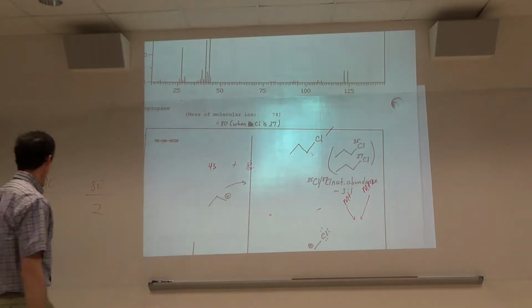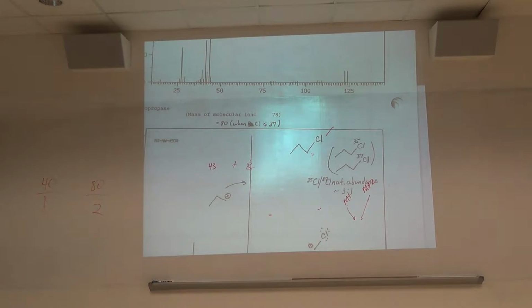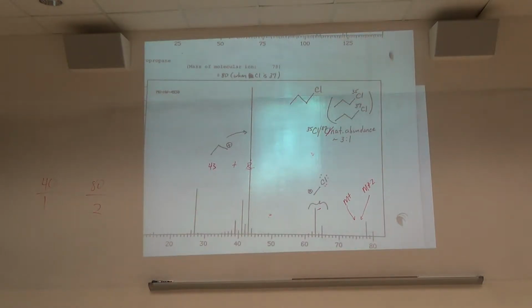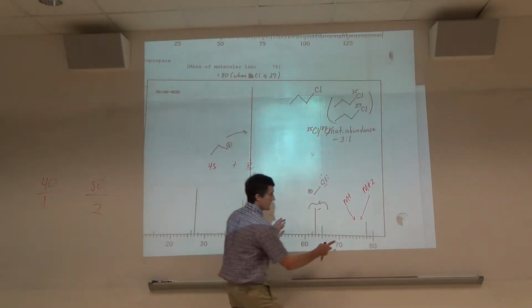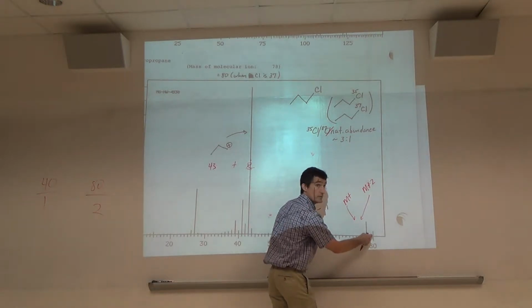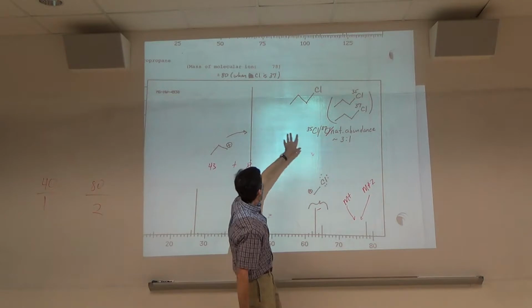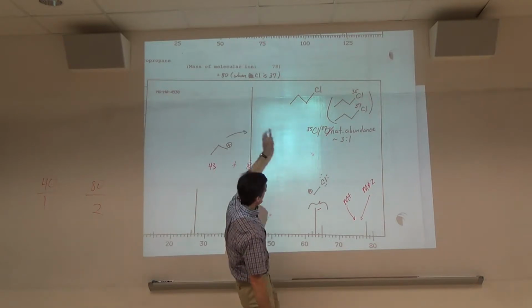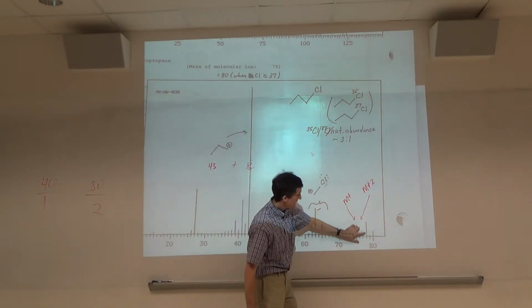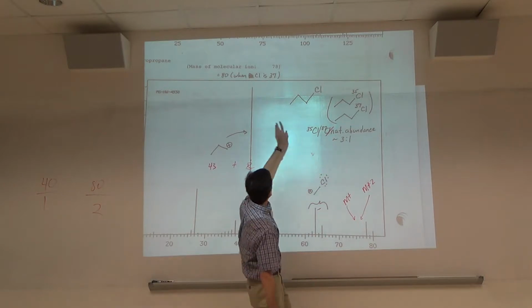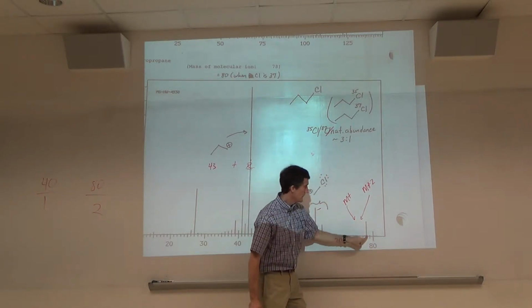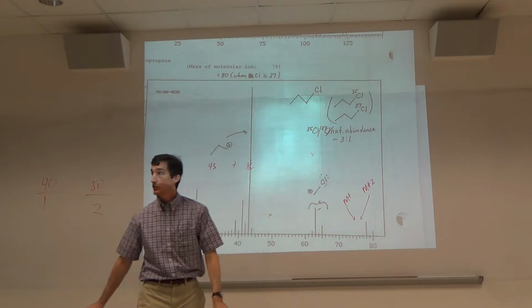And so with your molecular ions, you don't expect a 1-to-1 ratio. You get this 3-to-1 ratio, because the one with 35, which adds up to 78, is 3 times the one with 37, which adds up to 80. So 3-to-1 is your chlorine ratio.